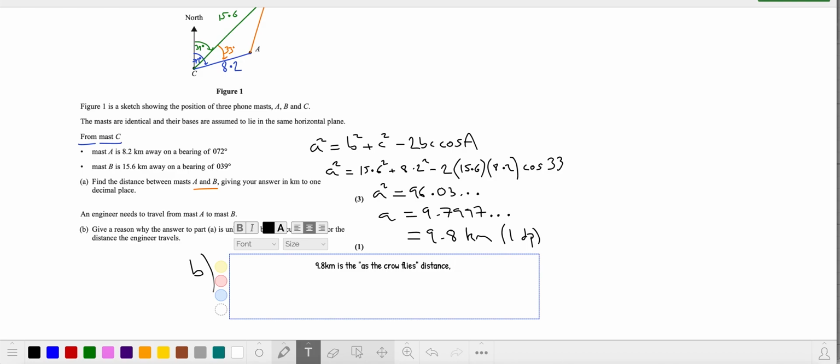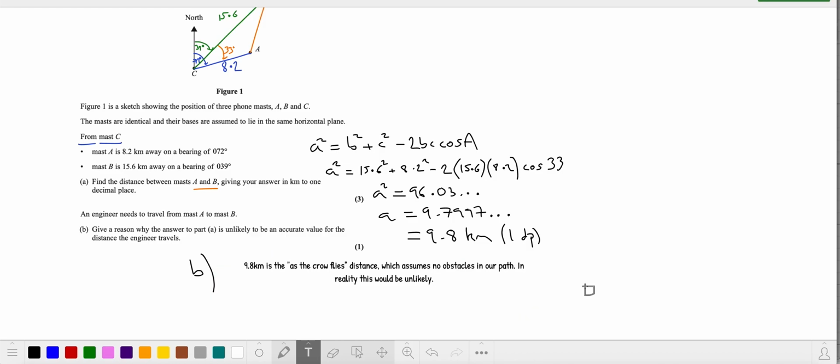So it's really impossible that we're going to ever be traveling precisely the as the crow flies distance. So just say 9.8 kilometers is the as the crow flies distance, which assumes no obstacles in our path. In reality, this would be unlikely, and that's fine.